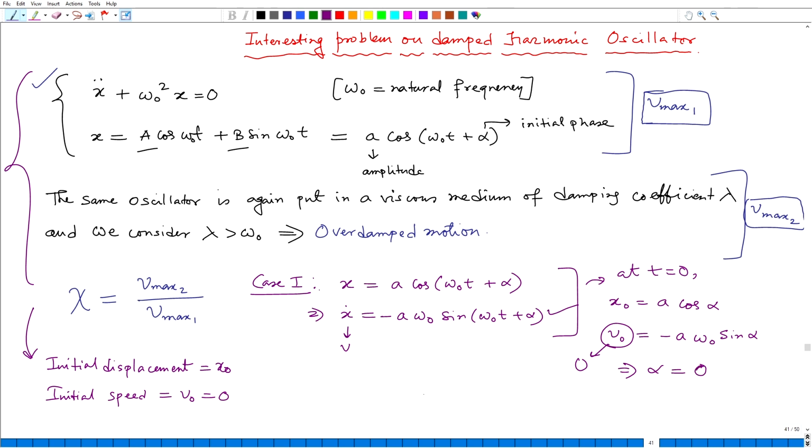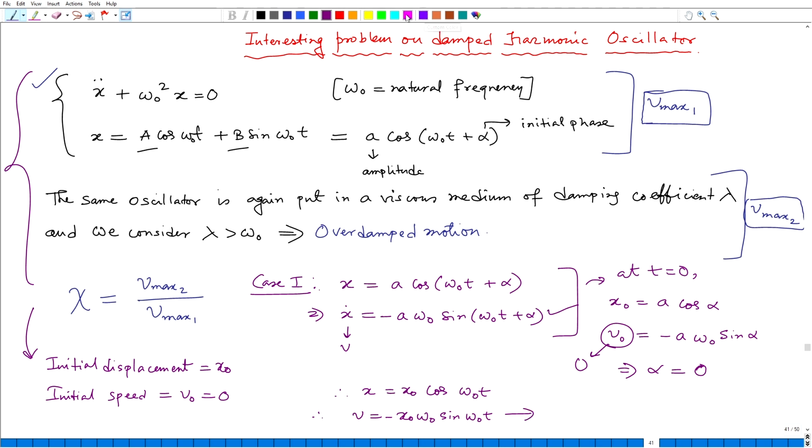And so, x will be equal to x0 cos omega 0 t, and V will be equal to minus x0 omega 0 sin omega 0 t. What will then be the V max?